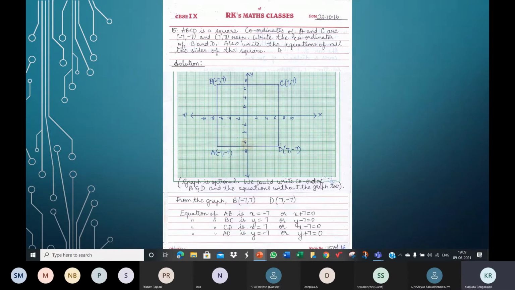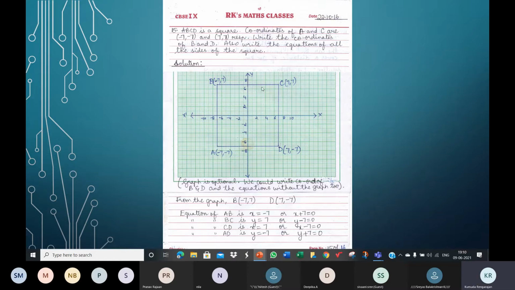See, what I'm trying to say is here there is no mention of graph. It's not compulsory that you have to plot these points on a graph paper because there is no mention of a graph here. And I don't know if in your exam you have this question but you're not given a graph paper.